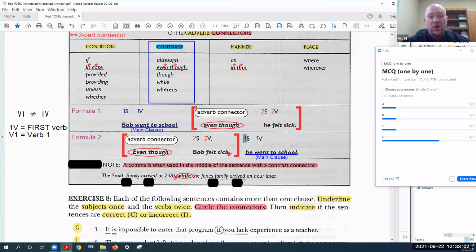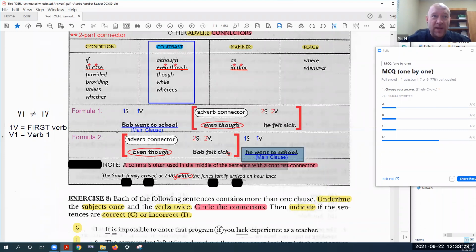Always use 1 for the main clause. Is that clear, gentlemen? Remember I told you in class, a father has a child, but the father is always number 1. This is the father clause, the main clause.